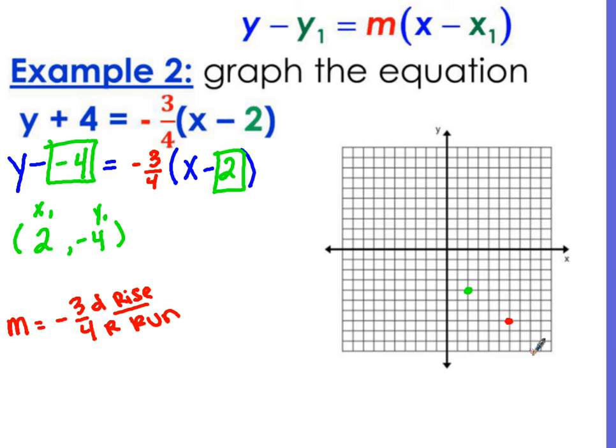Right 1, 2, 3, 4. Plot your point. If I wanted to make more points, I would do the opposite from my beginning. Instead of going down 3, right 4, I would go up 1, 2, 3, left 1, 2, 3, 4. And then I could just draw my line between all of those points. And that is my answer.